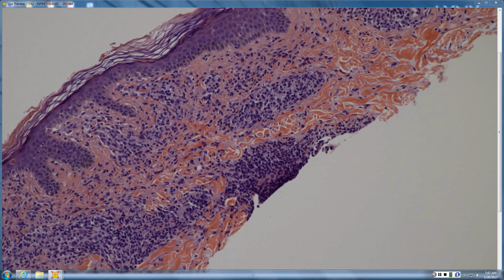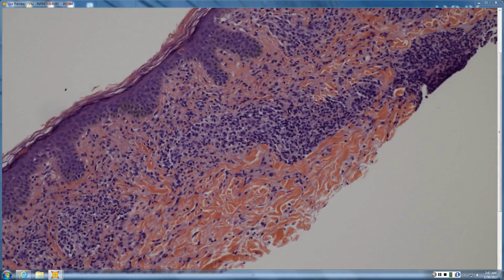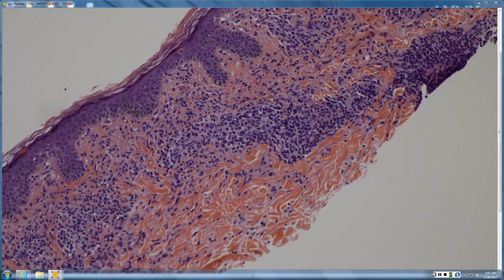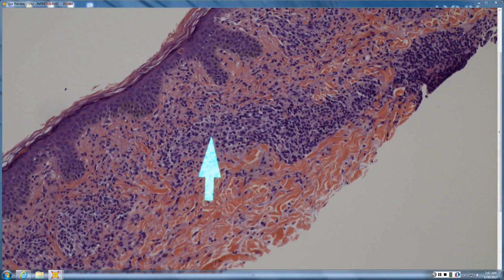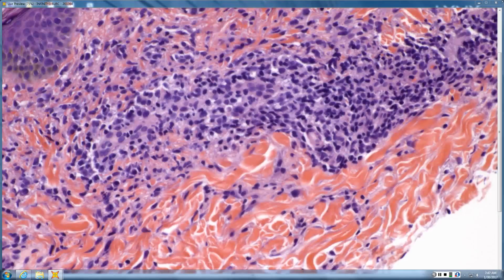The most common being the interstitial busy dermis, endothelial swelling, interface dermatitis, and endothelial swelling is a vessel with no lumen. Lymphocytes with too much cytoplasm.